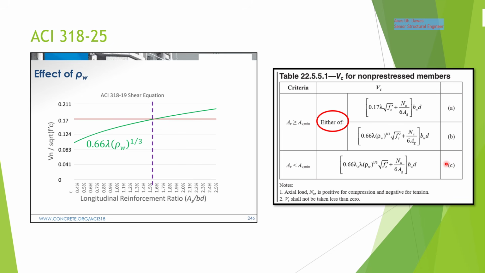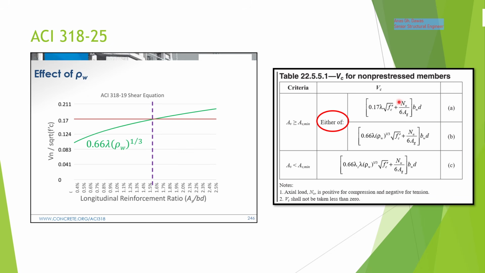I am talking about 318-19, version 19 of the code. But for example, if you have beams, the beams typically contain the minimum shear reinforcement. That's why we can use equation A or B.